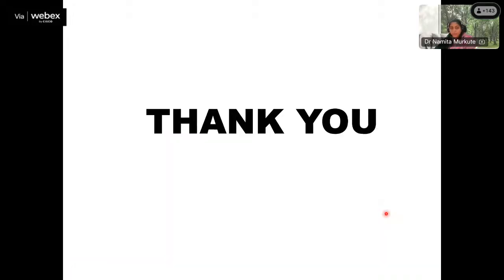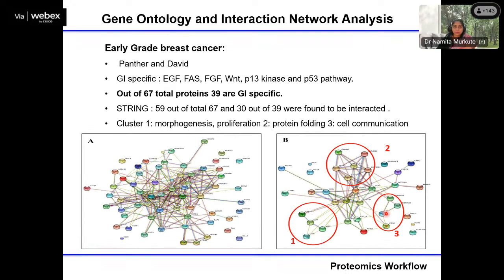In this proteomics example I have shown how you can identify which pathways are involved, how you can interpret your results, and how you can show that your study is giving you something novel, for example that some metabolites are involved in a particular pathway.